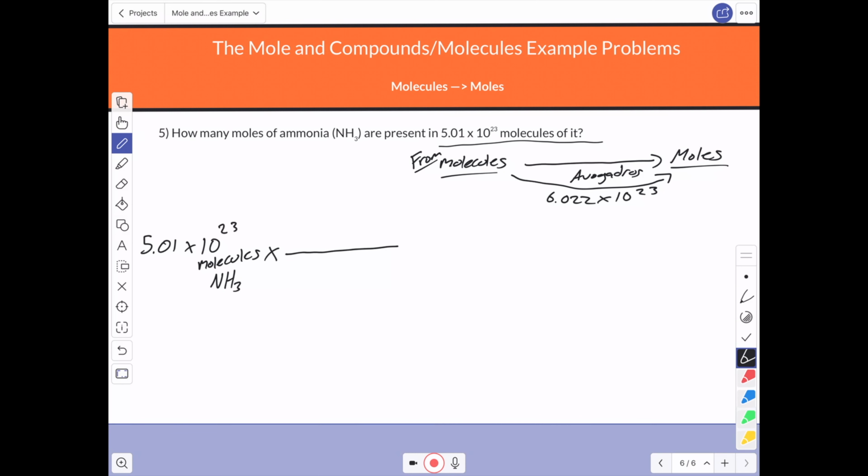And that brings us to needing to put molecules of ammonia in the denominator, so it cancels out. And that puts us with moles of it on top. So 1 mole makes 6.022 times 10 to the 23rd molecules.